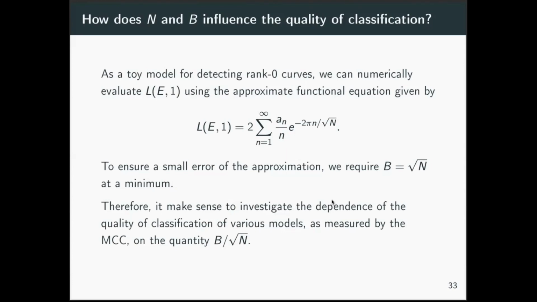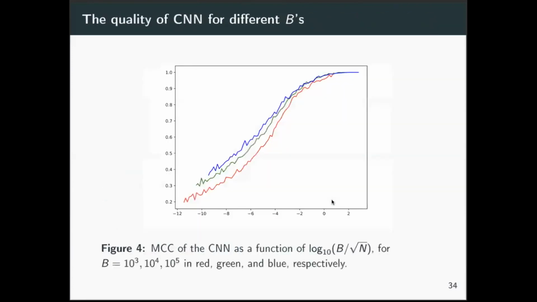We just used the corresponding data. I will show you two graphs. In this graph, we look at the CNN model for those three ranges of B, and we plotted how the quality, MCC, depends on the logarithm of B over the square root of N.